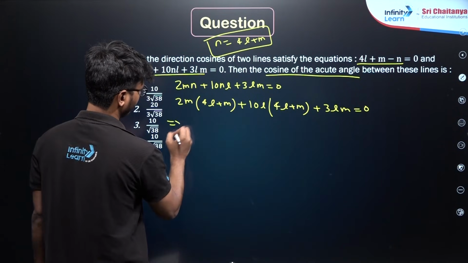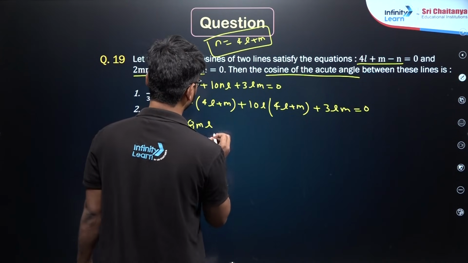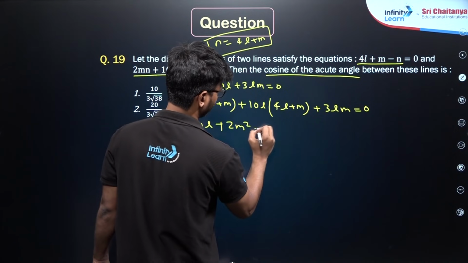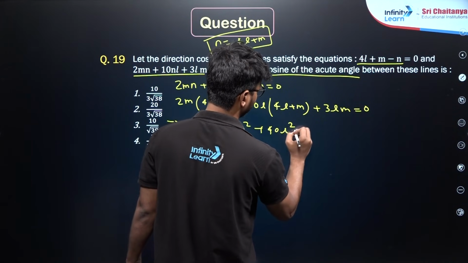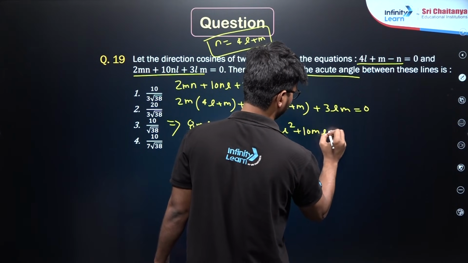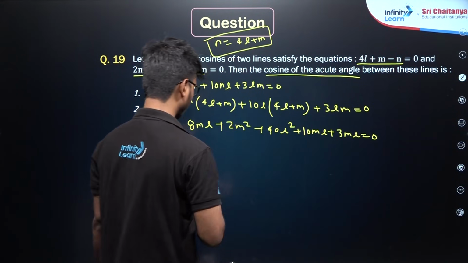Now from here I am going to get 4 2s are 8 ml plus 2m square plus 10 4s are 40l square plus 10 ml plus 3 ml equals to 0.